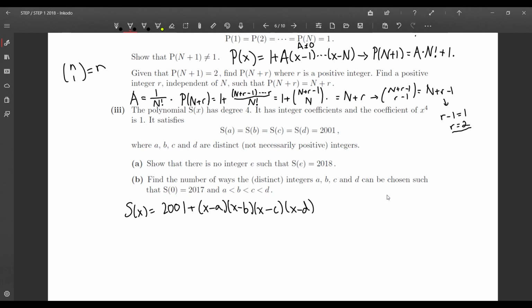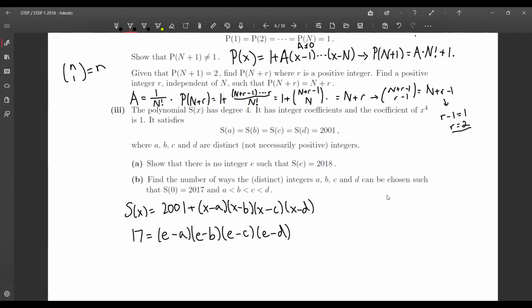Now, a, b, c, and d are all distinct integers, not necessarily positive. They're all different, though. Now, we want to show that you can't pick an integer such that this is 2018. So you can't pick an integer such that 17 is equal to (e minus a)(e minus b)(e minus c)(e minus d).